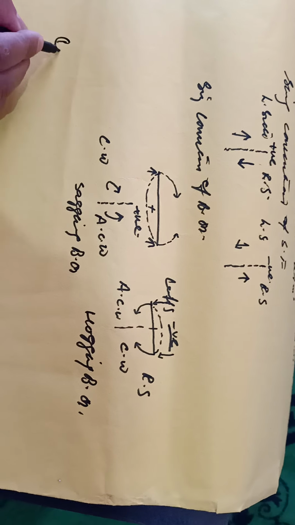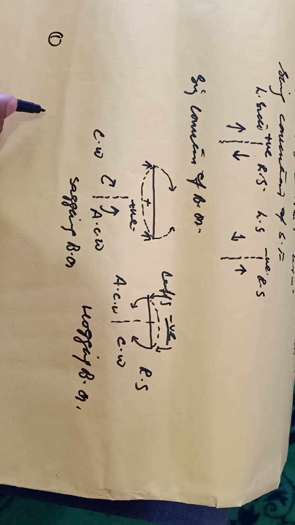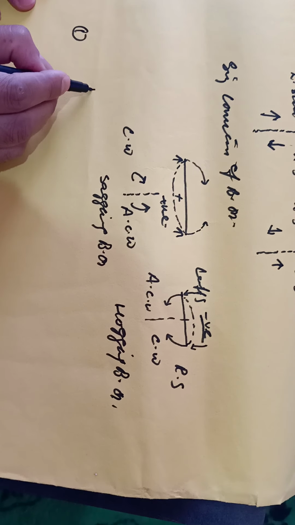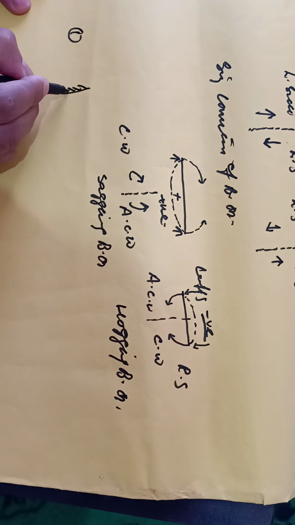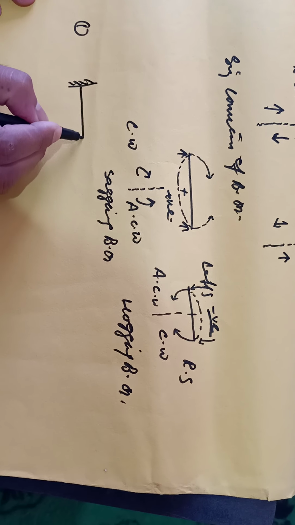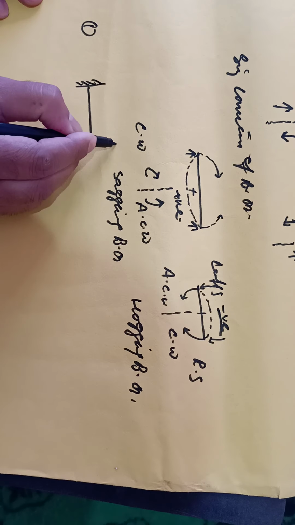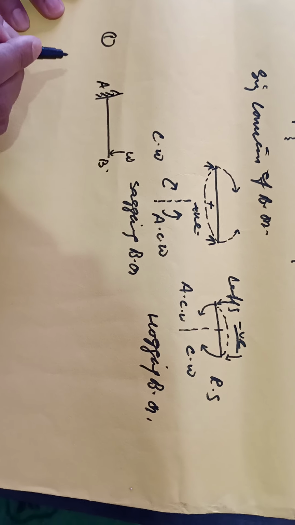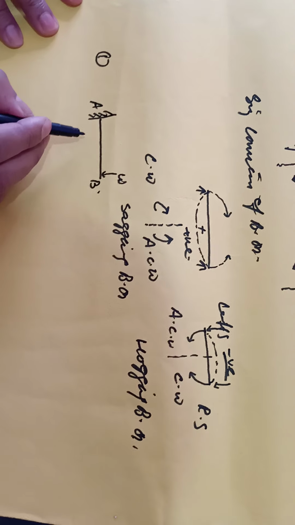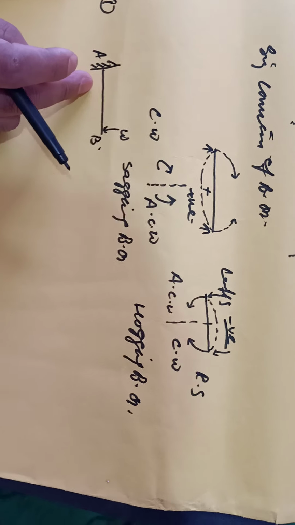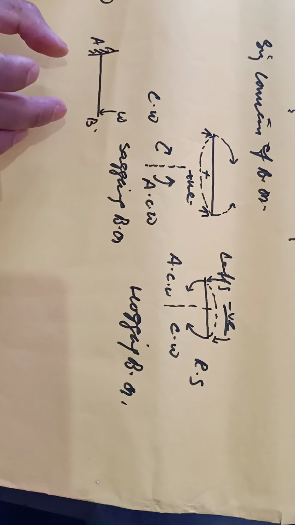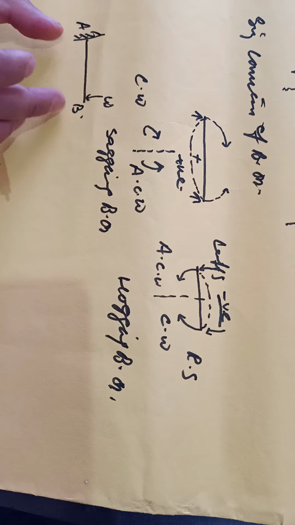Number one, here I will take the example of a cantilever beam. If this is a cantilever beam, I will put here load W, say here it is point A and now this is point B. First point, the length of the shear force and bending moment diagram must be equal to the span of the beam.